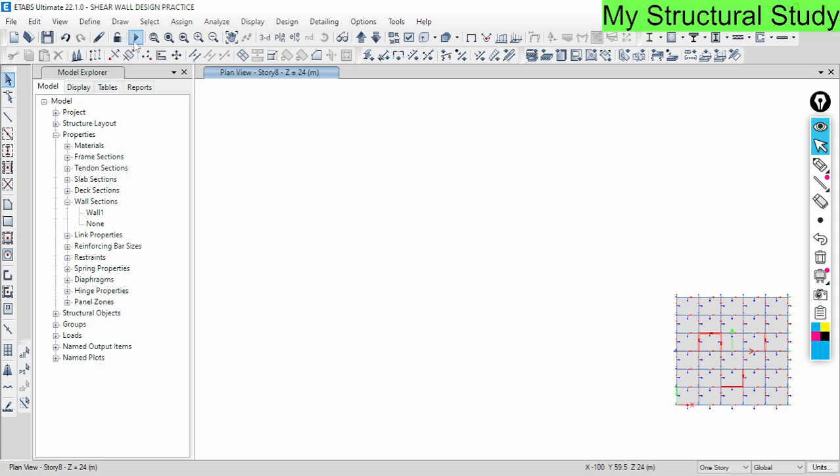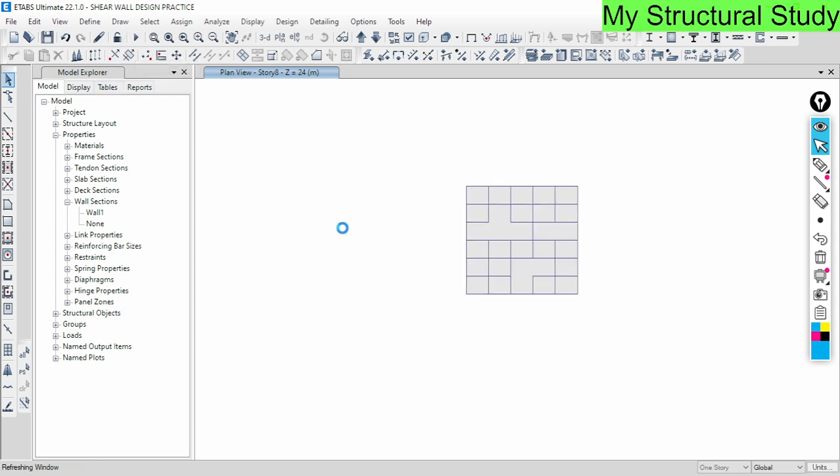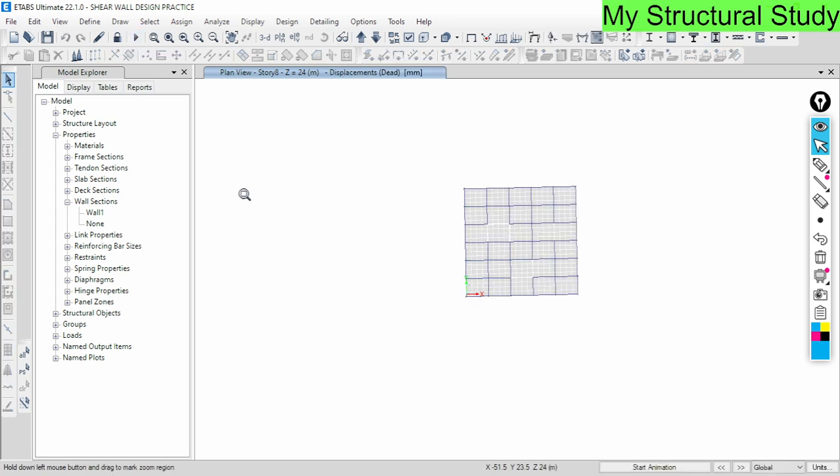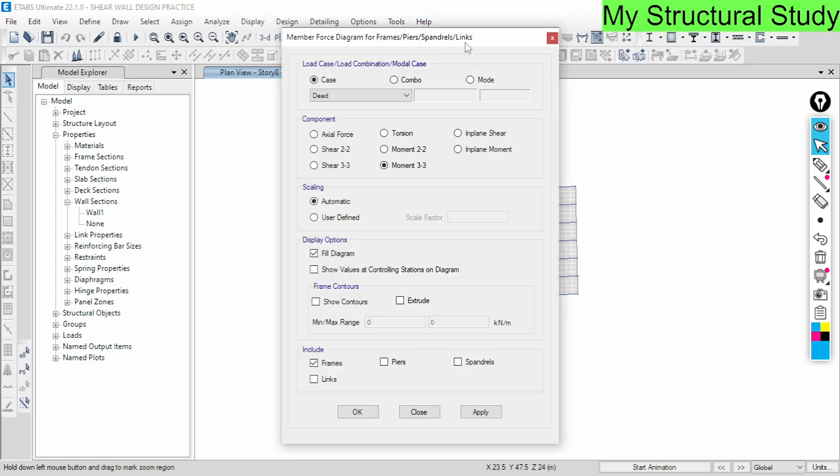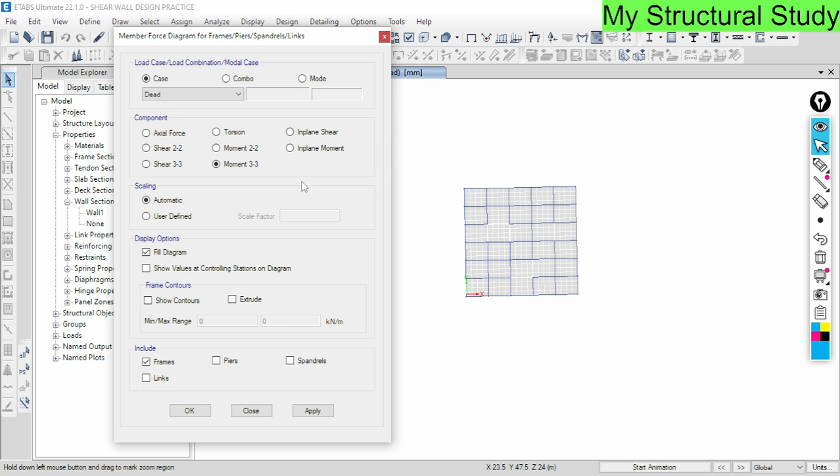Now I am running this analysis. After running the analysis, here we can go to check the bending moment and the axial forces of the line elements.